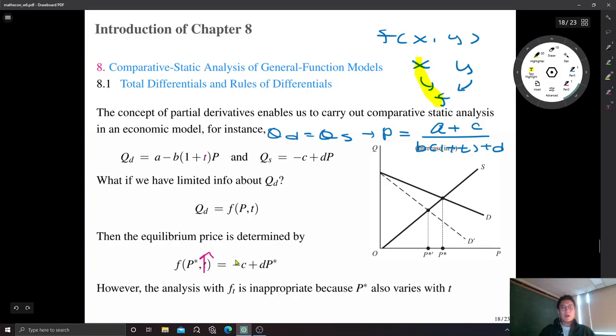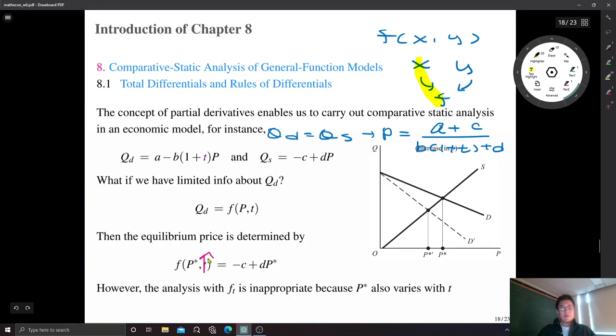Okay, so whenever we have a general function model, partial derivative is going to be inappropriate, so inadequate. So we can't change just one variable in this example, so we can't do such a partial derivative analysis.